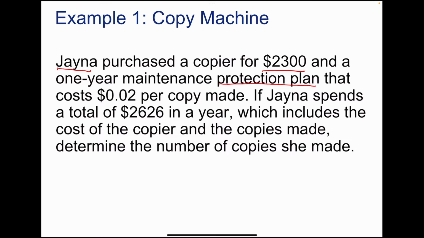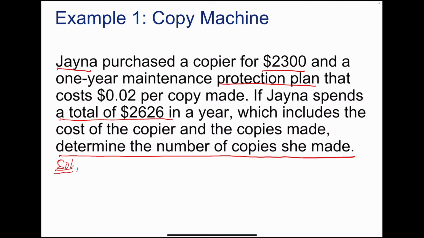Now let's suppose that she spends a total of 26 in a year, including the cost of the copier and the copies made. We want to figure out the number of copies she made.